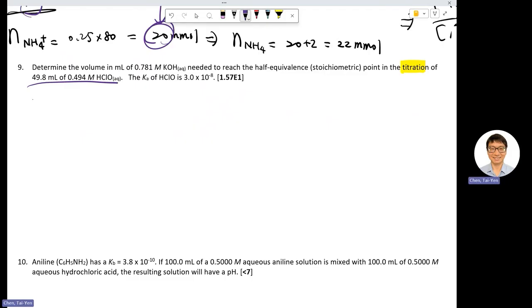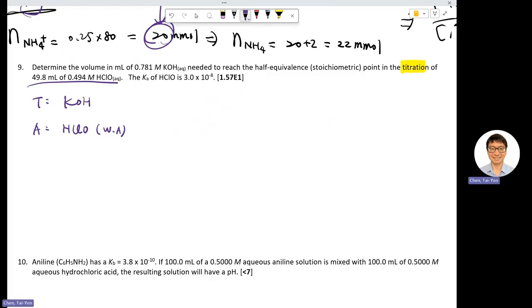The titrant is KOH. The way you know is because the titrant can only be a strong acid or strong base, and the only strong base here is KOH. The analyte will be HClO, which is a weak acid. So that's the first step.